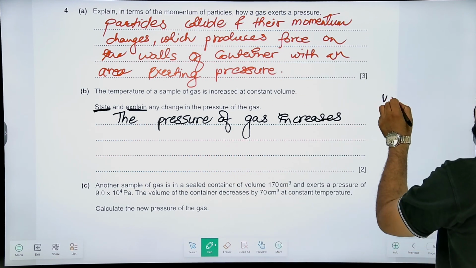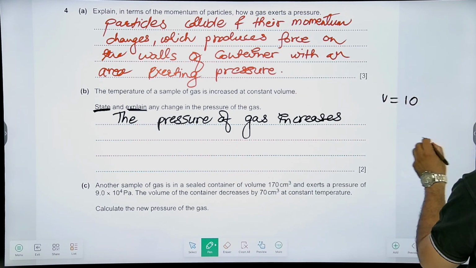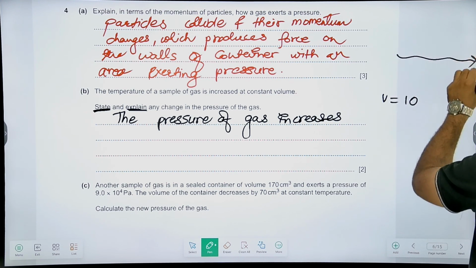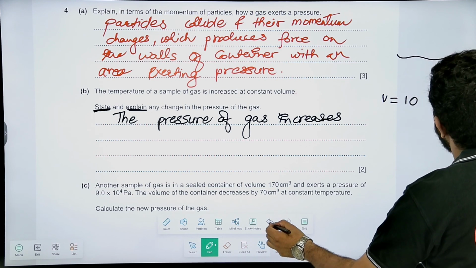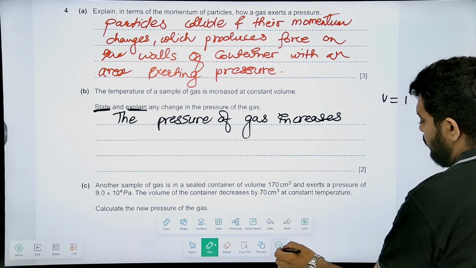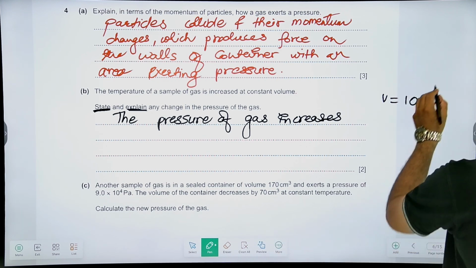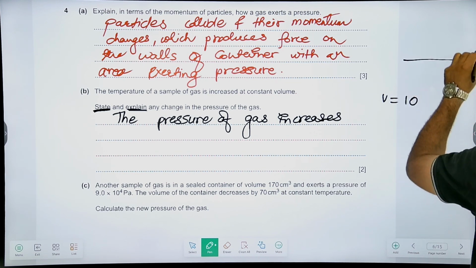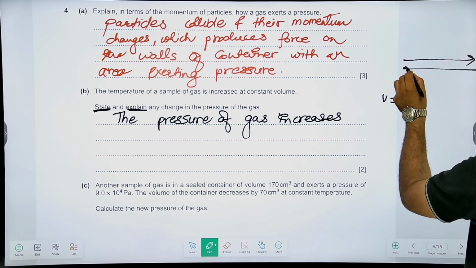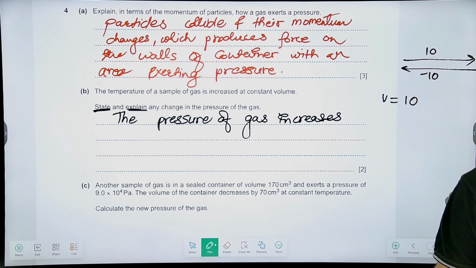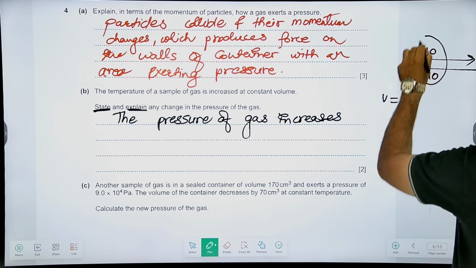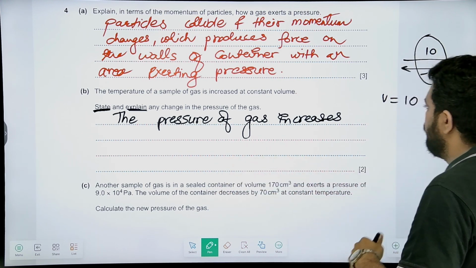Let's say the velocity is 10 right now and the particle was going like this. It collides with the wall. Sorry, it should go straight, right? Yes. So the particle collides with this wall over here and returns. Let's say its velocity was 10. So it went from 10 to minus 10. The change in momentum is 20 multiplied by the mass of the particle.